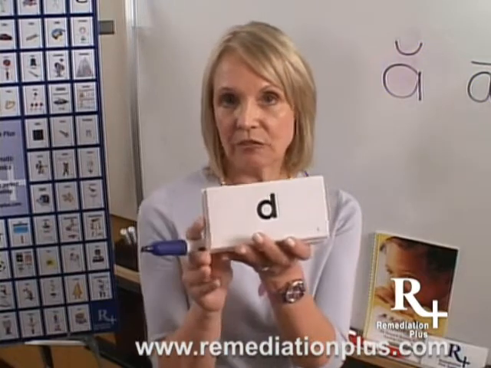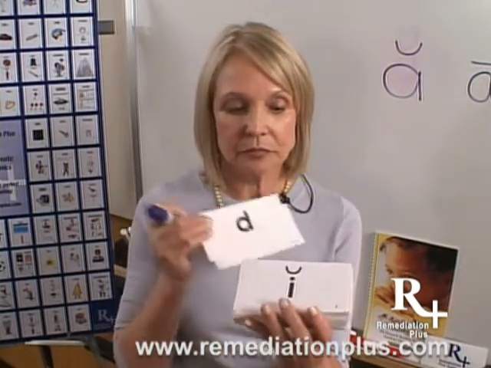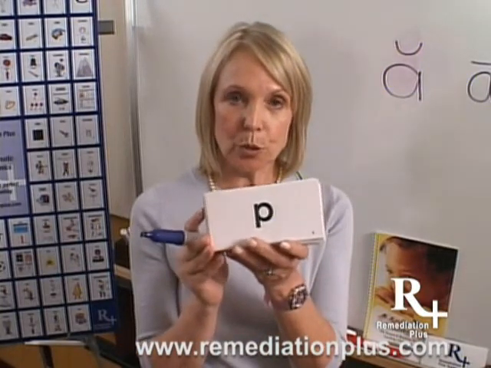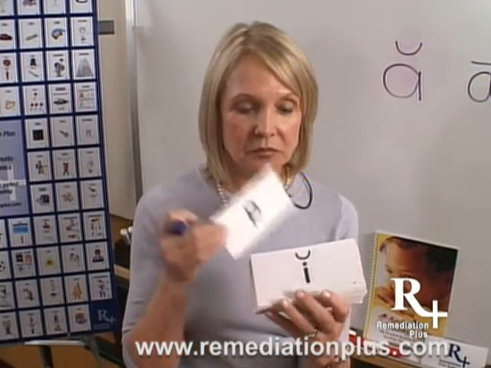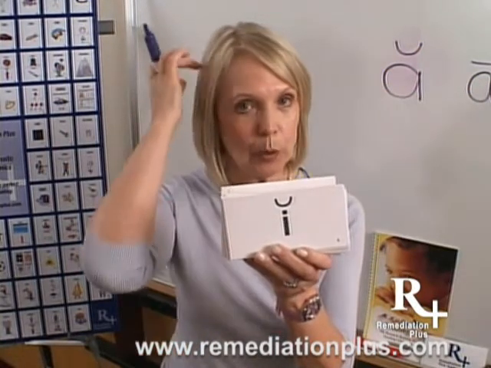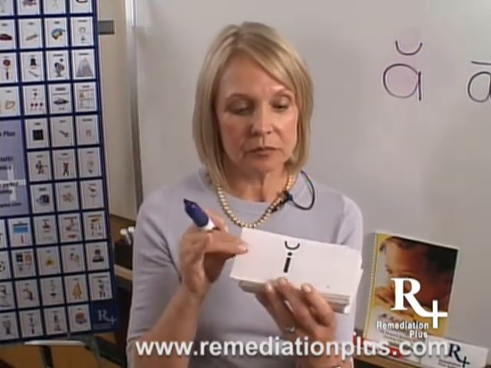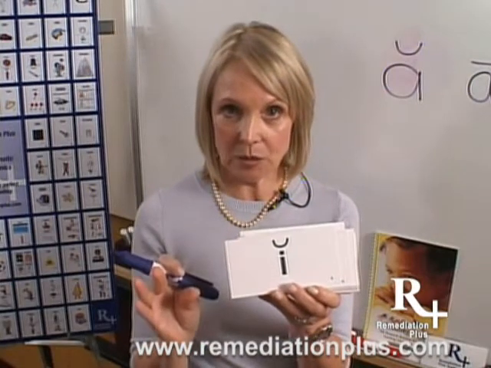The next sound in the phoneme deck is D for dog. Could you write this down in your notes that P for pig is an unvoiced consonant? I for itch. Again, that's a key word.